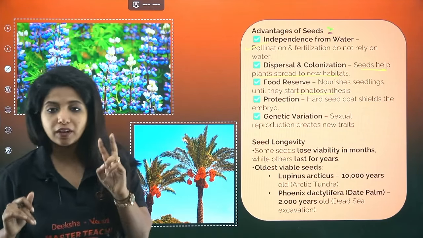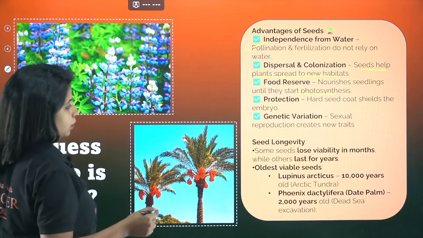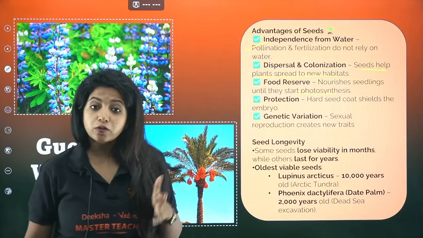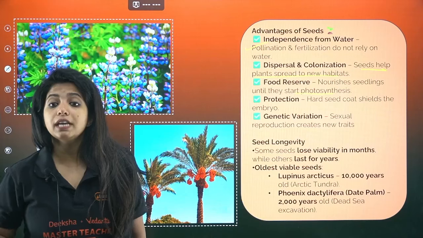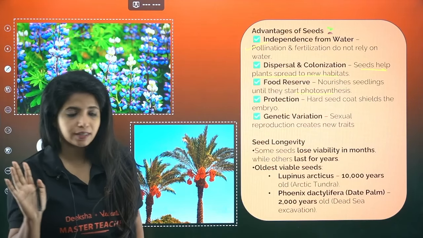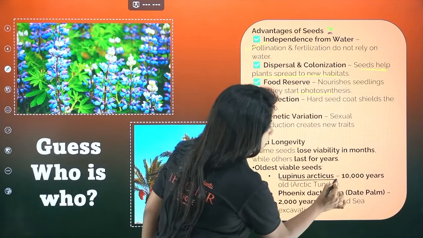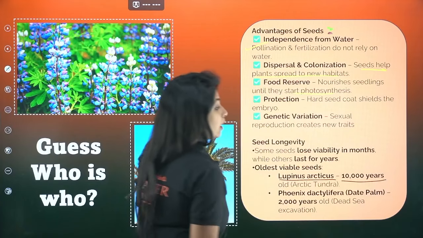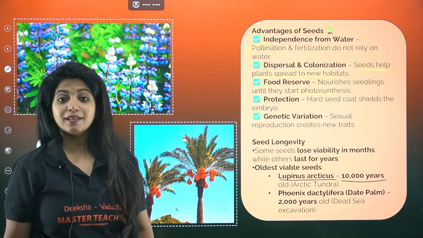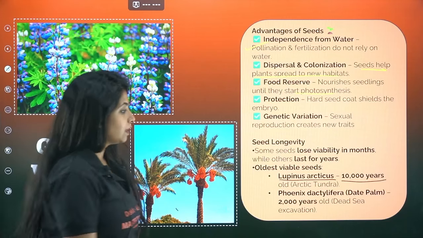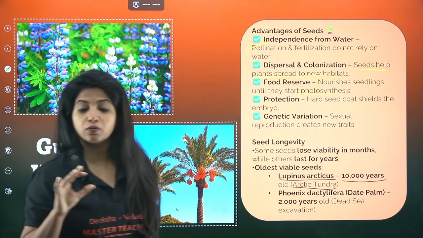Now, there are two types of very important seeds that you need to remember. Seeds also lose their viability. Some seeds do not lose their viability for years, and there are two examples given in the NCERT. One is Lupinus arcticus. It didn't lose viability for 10,000 years. That's crazy, right? Lupinus arcticus, which is found in the Arctic tundra, did not lose its viability.